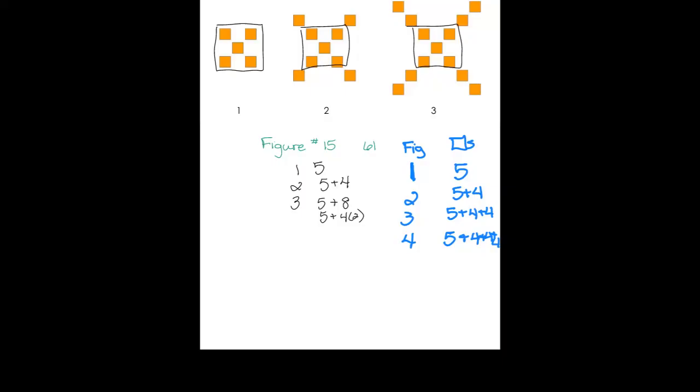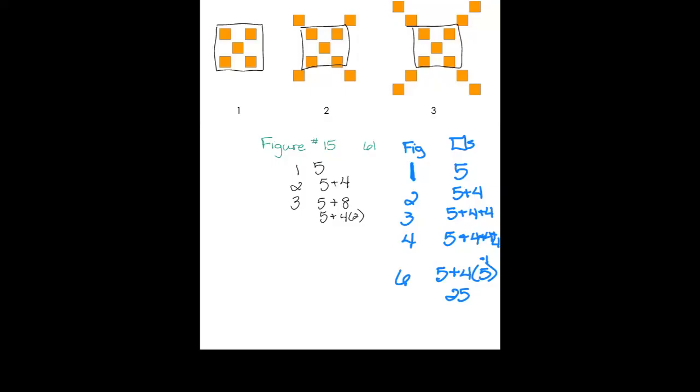Guys, I need you all looking up here. Yes! It is always 1 less than the figure number. So if I had figure number 6, it's 5 plus 4 times 1 less than that, which is going to be 5. So there would be 5 plus 20 is 25.